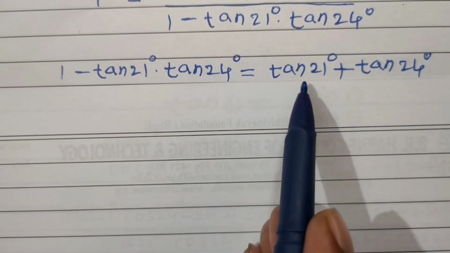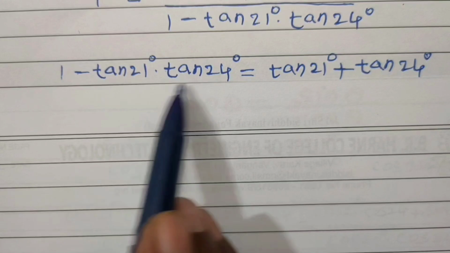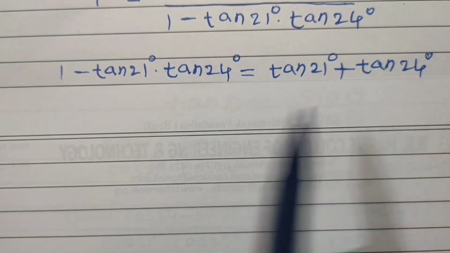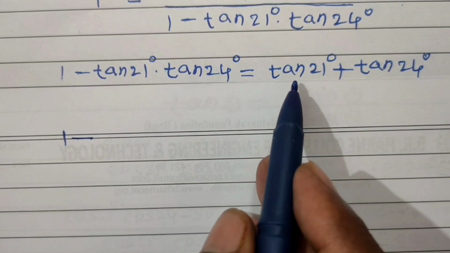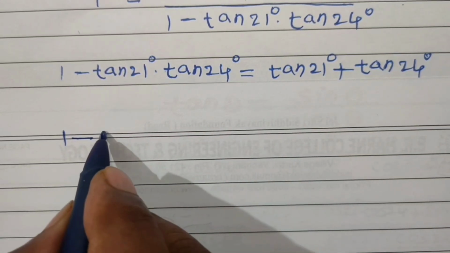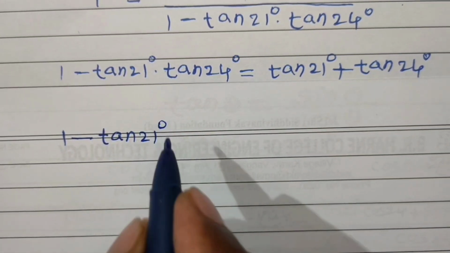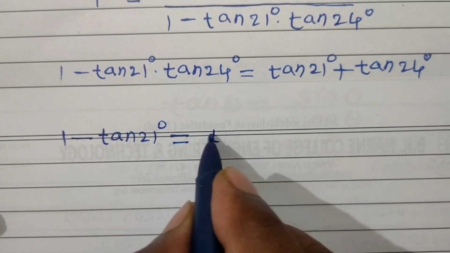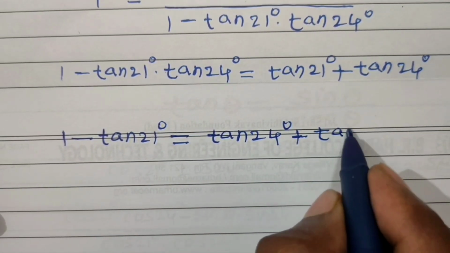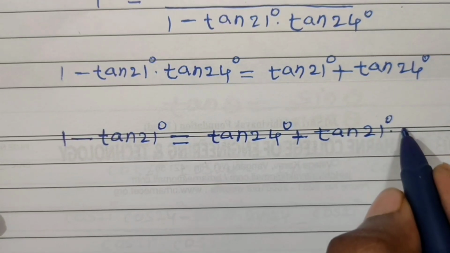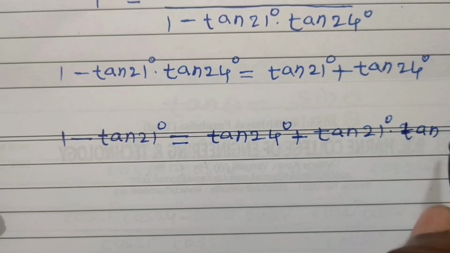Now taking this term on the left hand side and this term on the right hand side, this can be written as 1 minus tan 21 degree, we are taking on the left hand side, tan 21 degree is equal to tan of 24 degree plus tan of 21 degree into tan of 24 degree.